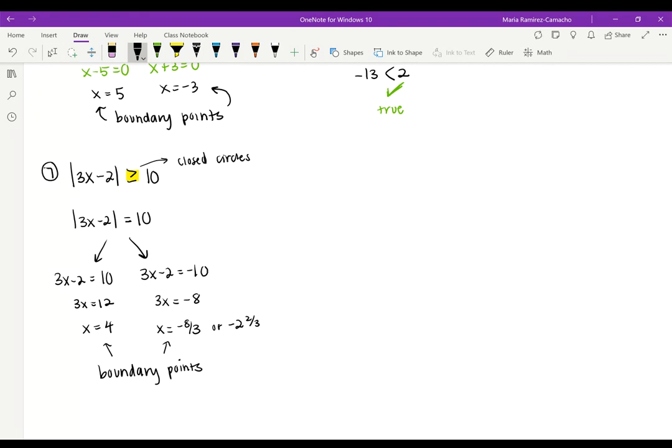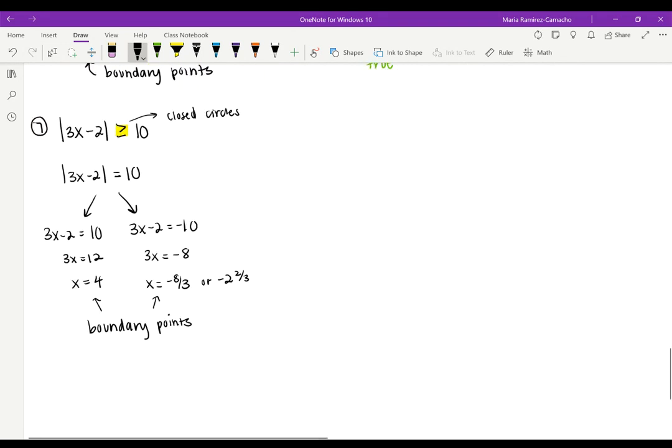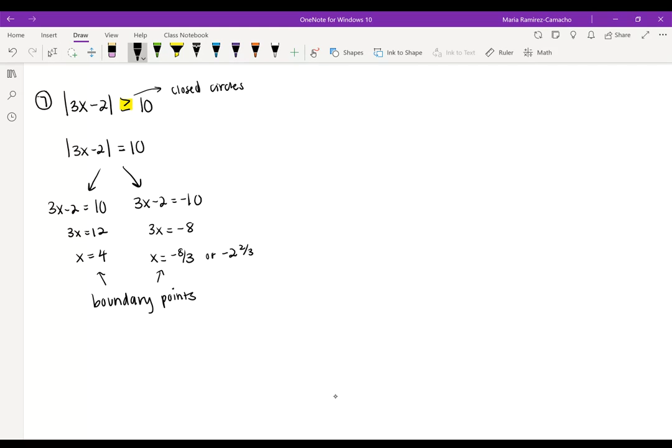All right, so let's draw a number line. Closed circles on my boundary points, so 1 on 4 and 1 on negative 2 2/3.